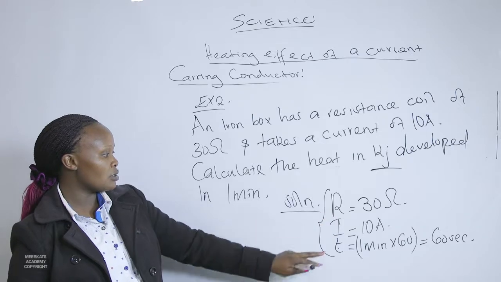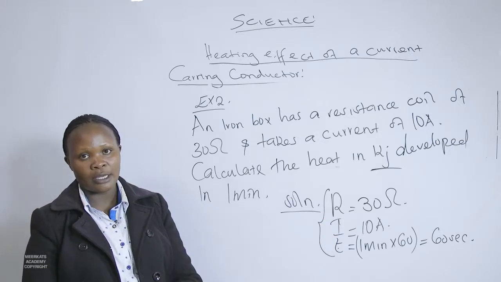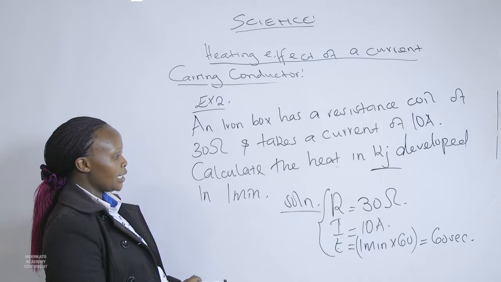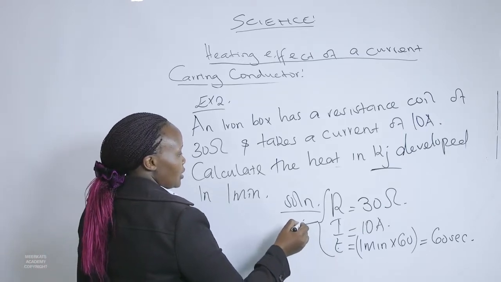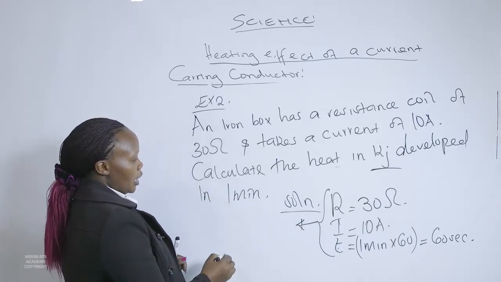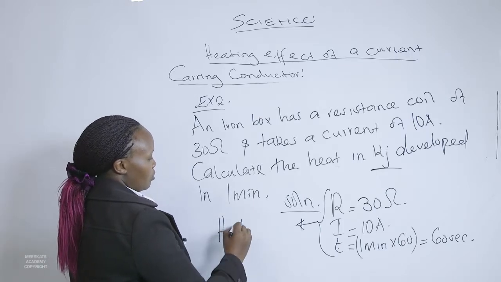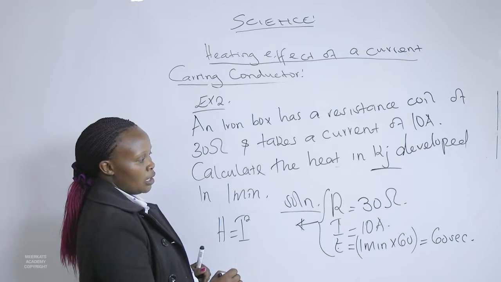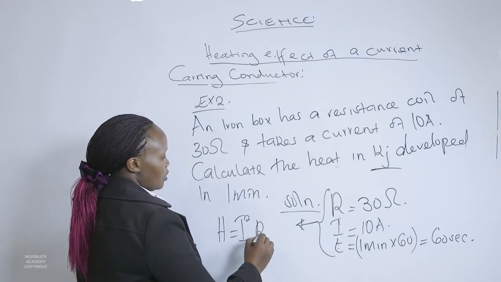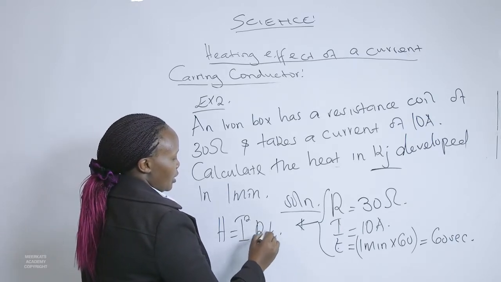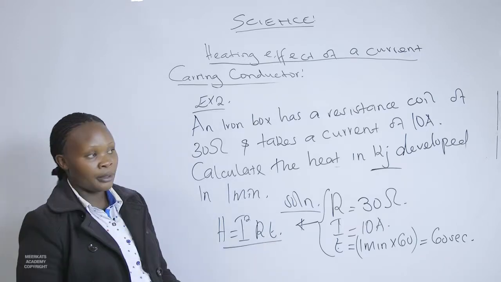You have resistance, you have current, and you have time. So you will look for an expression that takes care of the three. And we had one where heat is given by the square of current multiplied by resistance and the time.